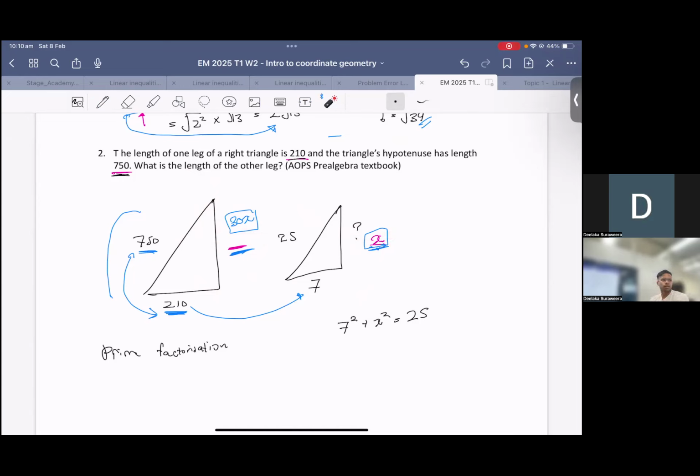You can do it. 25 squared. Oh, not 25, my bad. 25 squared. I think I've got up to 30-something squared memorized. We don't need that. 15. 30 squared memory. Yeah, okay.